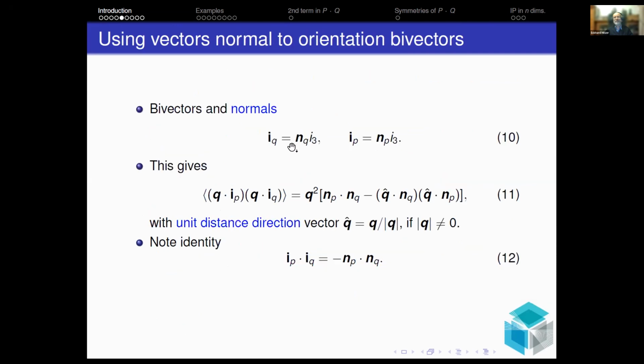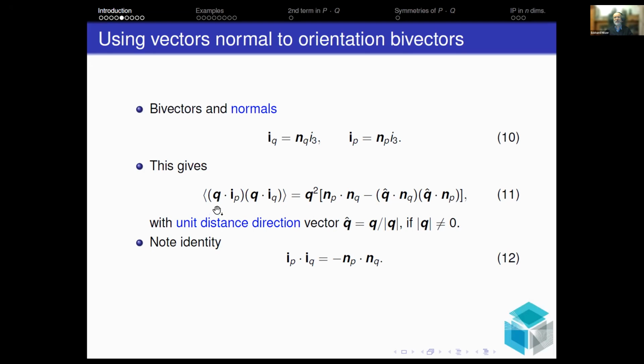Now, this is the algebraic relation for the bivector and its normal direction. So just multiply the normal direction by the E1, E2, E3 trivector of Euclidean geometric algebra, and you get the bivector IQ and correspondingly IP.